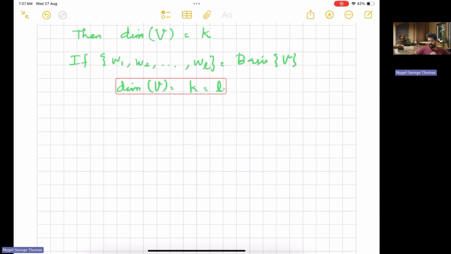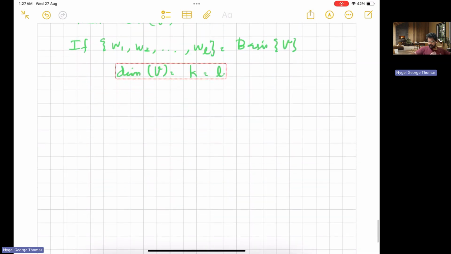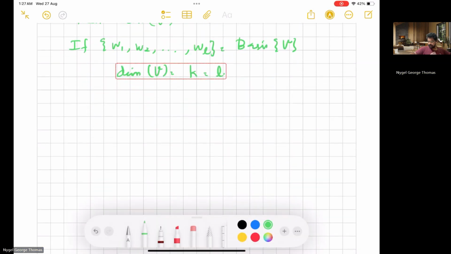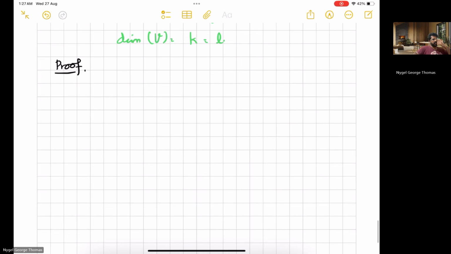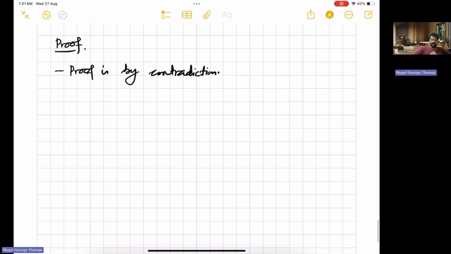How do we prove this? Let's look at the proof. This is kind of proving it by contradiction. Proof is by contradiction.